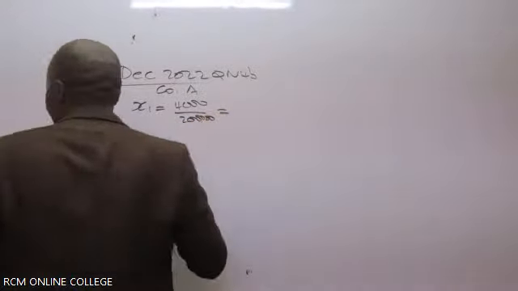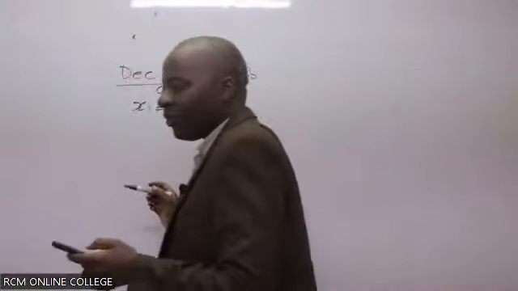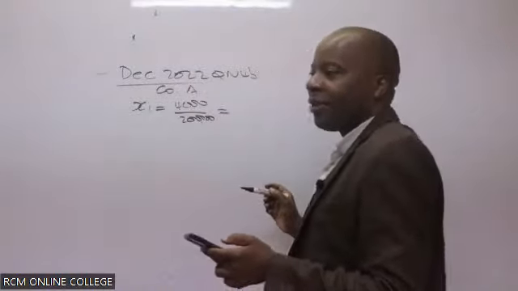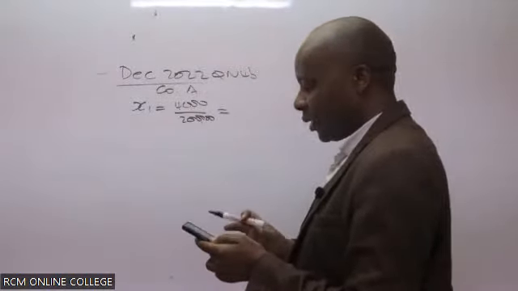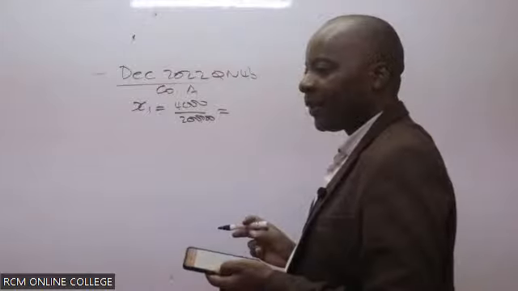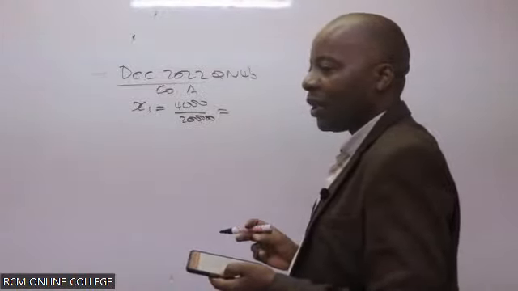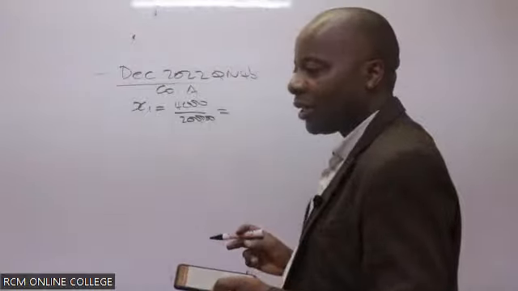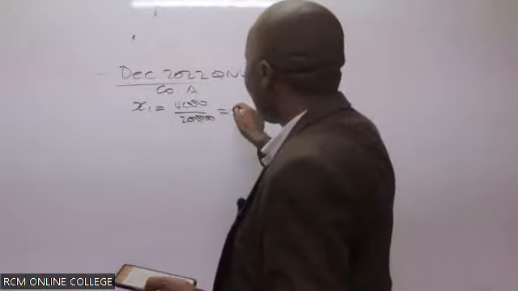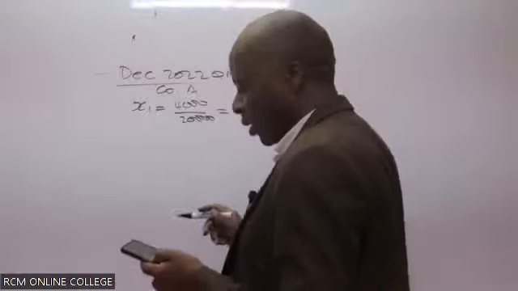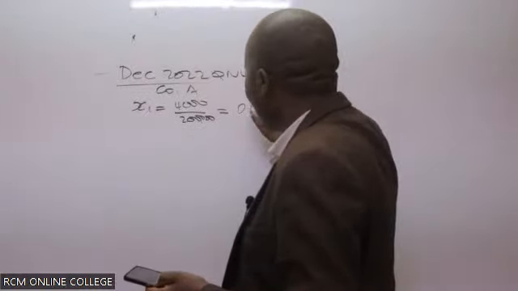Could you kindly give me this figure for X1? 40,000 divided by 200,000 ends up giving us what figure? 0.02 or 0.2? It is 0.2, because of 40,000, yes.